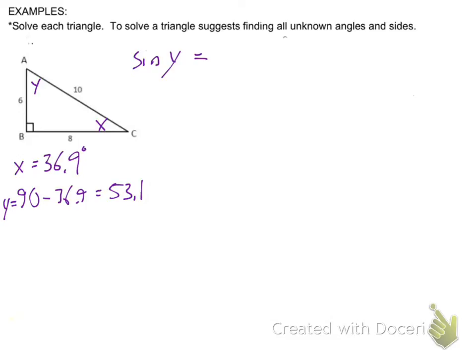Sine is SOH CAH TOA. So it'd be opposite over hypotenuse. Now I asked you guys that when we're doing our first couple problems, at least till the next quiz or so, that you should probably write down those words.